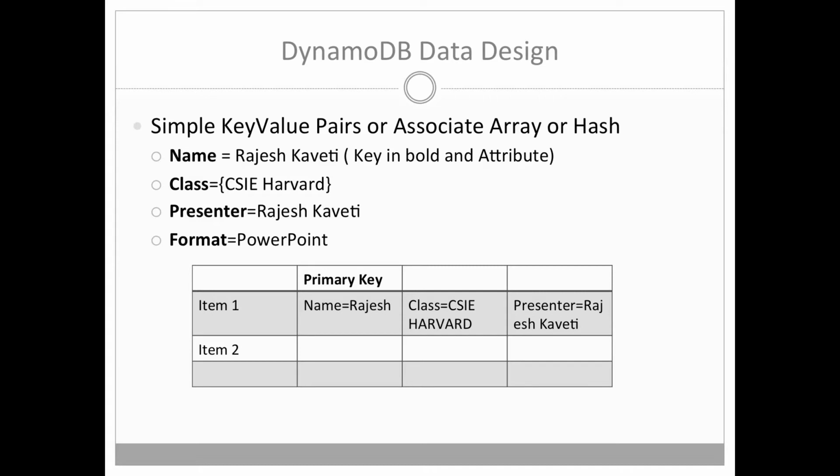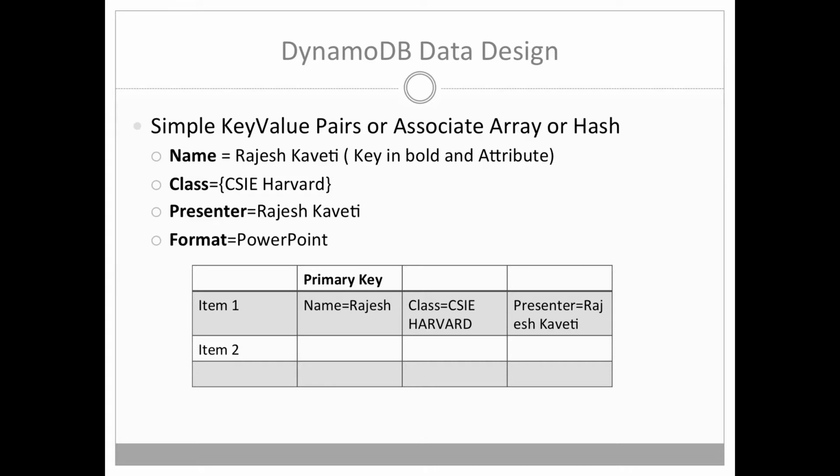So, NoSQL databases, including DynamoDB, are based on a very simple key value pair model. If you are a developer, you can see this as an associative array or a hash map. So consider this example where you want to insert an item into the table.